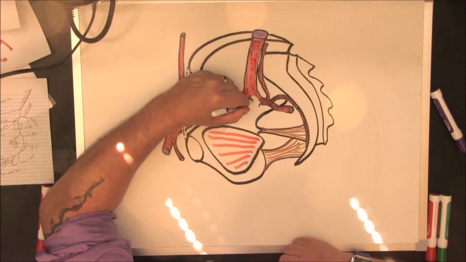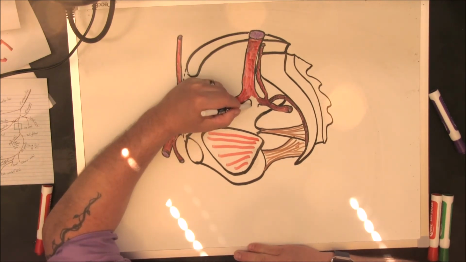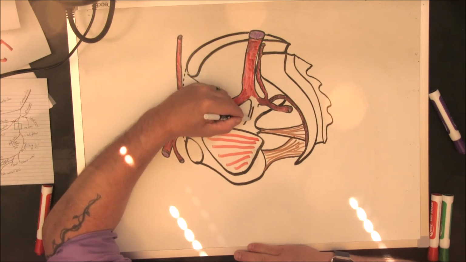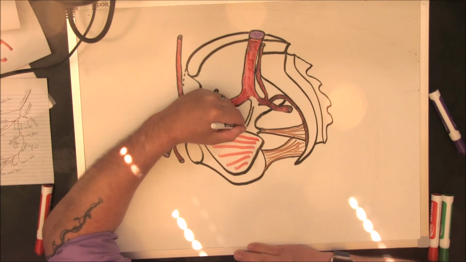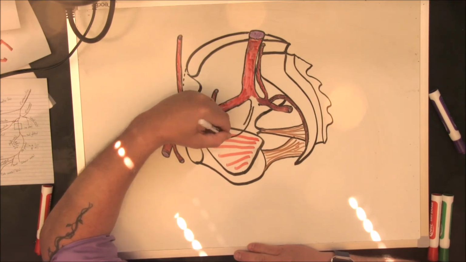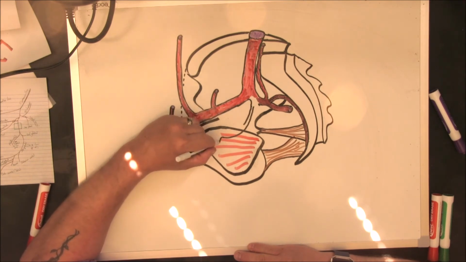So here, let's start with two of the branches that come off anteriorly. First off, we have a branch that's going to come off, loop inferiorly. Make a little room there, sorry about that. Loop inferiorly, give off several branches that go to the urinary bladder.